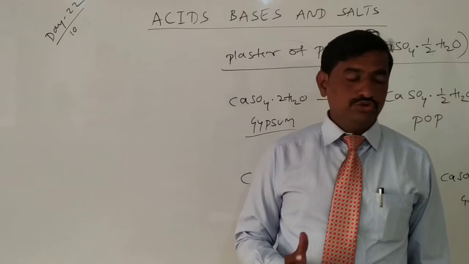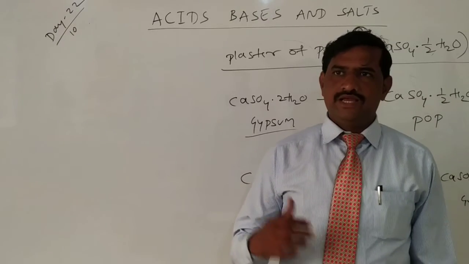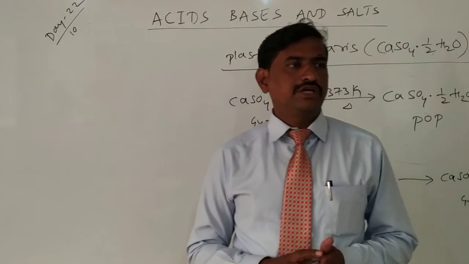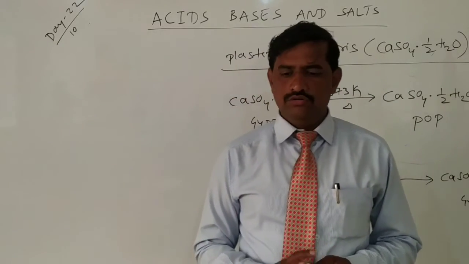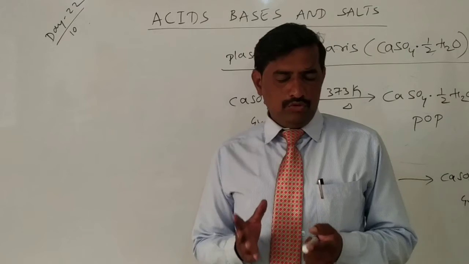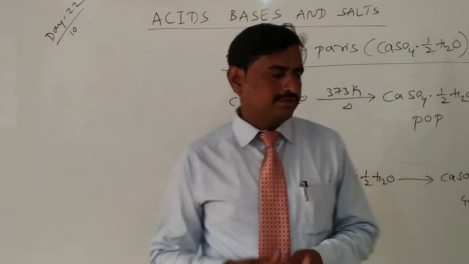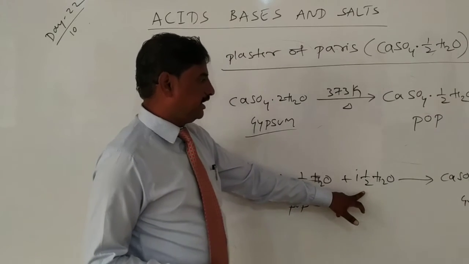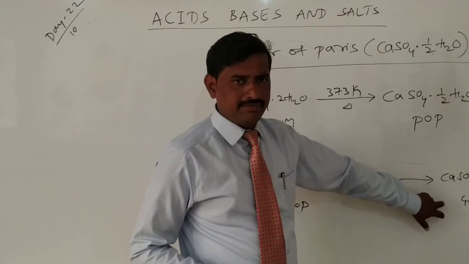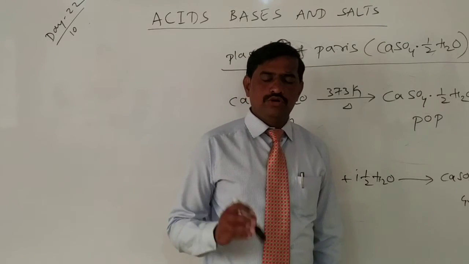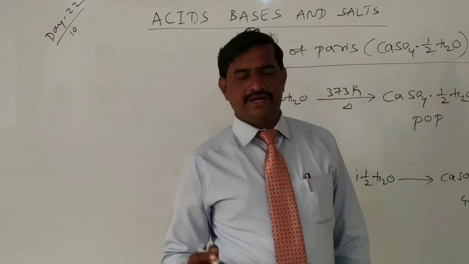POP is also used for statues, in decoration, and in the construction of buildings. When the POP is exposed to air, it absorbs water and becomes a hard material, that is gypsum again. So to avoid this problem, Plaster of Paris is stored in a moisture-proof container.